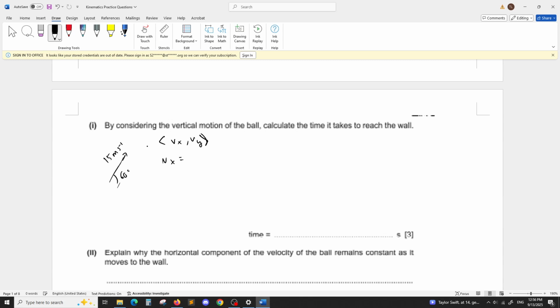So v of x is equal to 15 meters per second times cosine of 60, which is 7.5 meters per second. And then v of y is equal to 15 meters per second times sine of 60, which is about 13 meters per second.